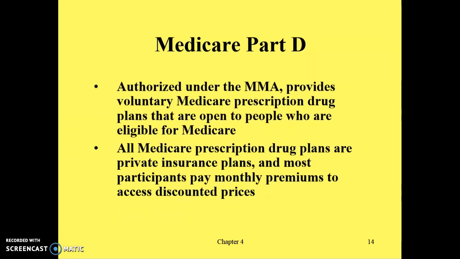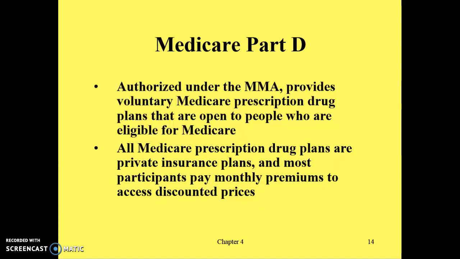And then Medicare Part D is the prescription drug piece of it. So this is the piece that you'll be most likely to have contact with working in a pharmacy. So these are Medicare prescription drug plans that are covered under the Medicare umbrella, I should say.